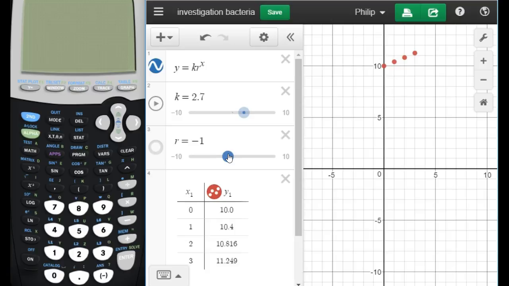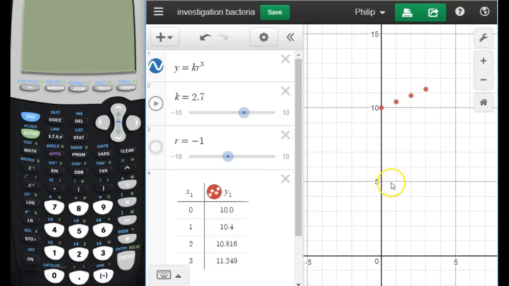All right. Number 9. Now adjust the k and r slider so that you have a function going through each of your points. What are the values for k and r? Okay, let's try that. That looks too steep. Make it a little bit bigger.